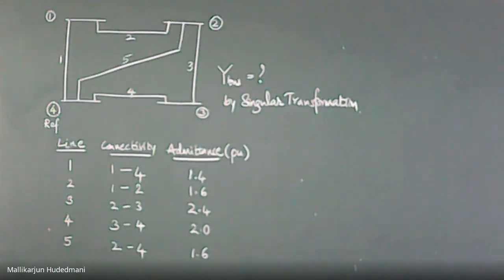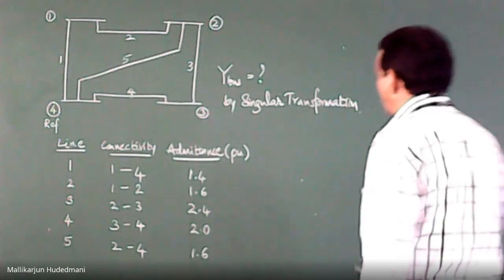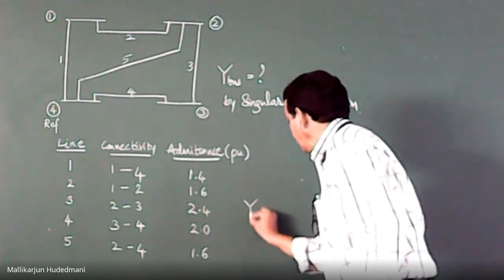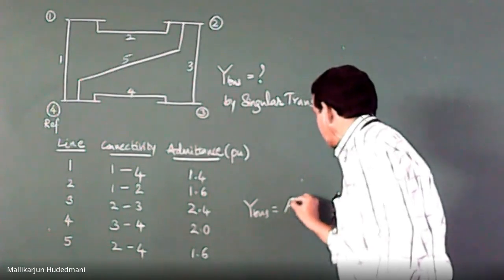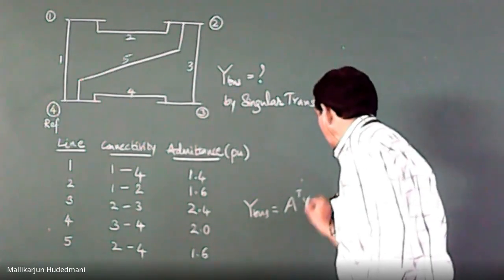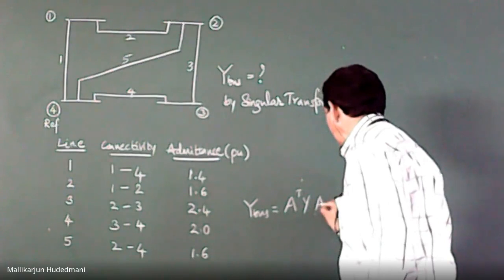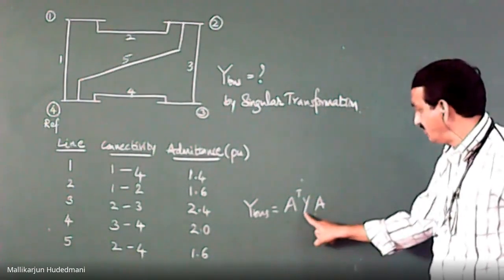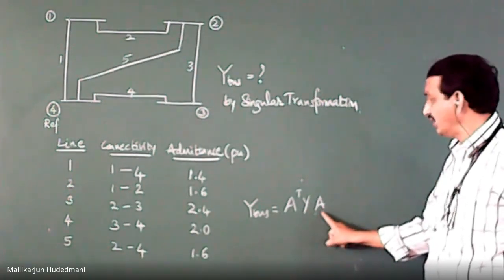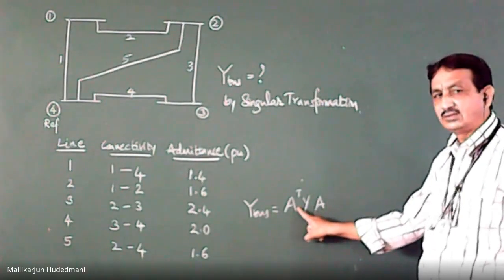Okay. So, what is the next step for me? Look at the problem solution. We have Y bus equal to A transpose Y primitive into A. This is the formula. What is this A matrix?